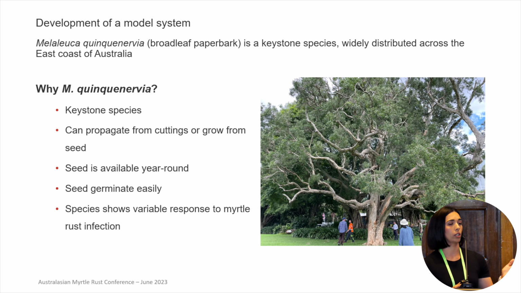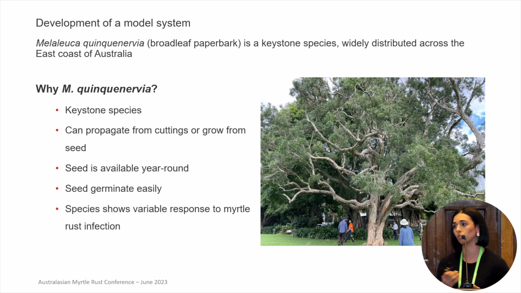As Bob mentioned earlier, this species is really keystone in our environment, especially here on the East Coast. So we really have to focus on protecting it to protect our ecosystems as well. It can be grown really easily from seed and propagated, and we can also make cuttings from it.